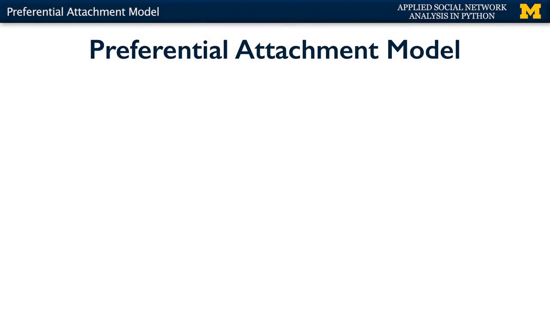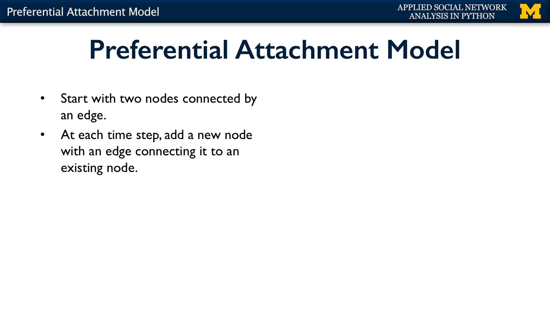Let me tell you how the preferential attachment model works. First, we start with just two nodes that are connected by an edge. And then at each time step, we're going to add a new node. And that new node is going to connect to a single existing node. The special sauce in the model comes when you decide which node to pick out of the existing nodes.